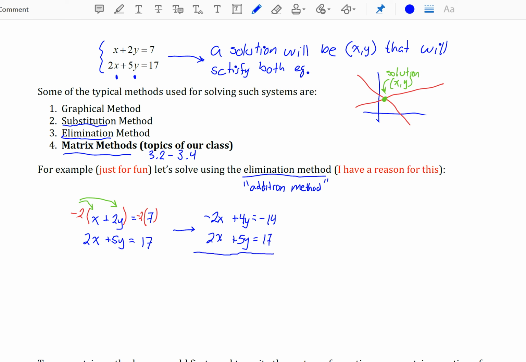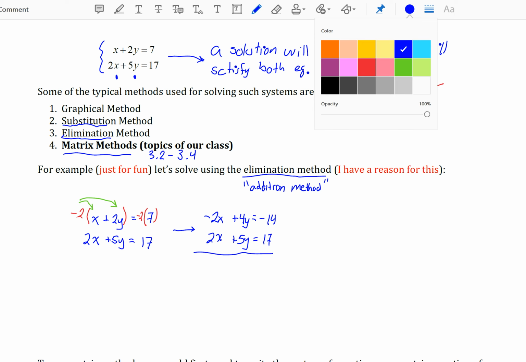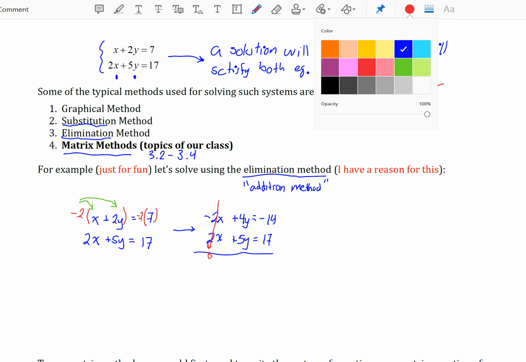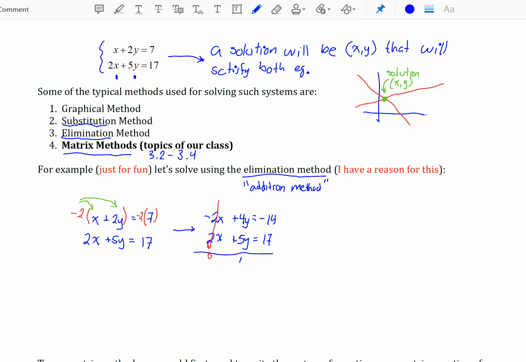And now we would like to add these two equations together. Notice when you add them together, the x variables being opposite in sign but the same number, these will cancel. And so we get 1y, or just y, equals 3.